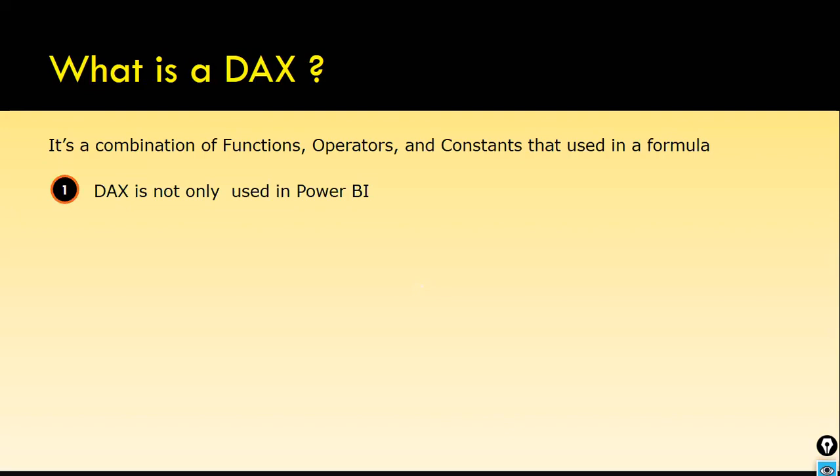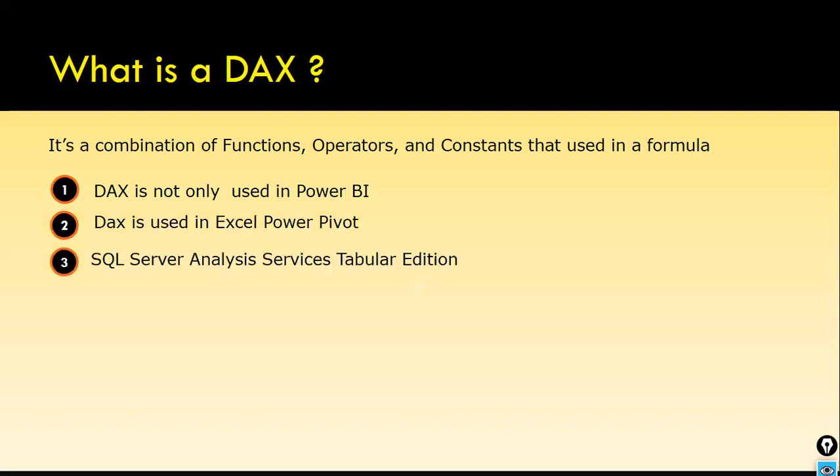So DAX is nothing but a collection of functions, operators, and constants. It is also called a DAX query. It is not only used in Power BI, it is used in Excel Power Pivot, SQL Server SSAS Tabular Edition, and Azure Analysis Services.